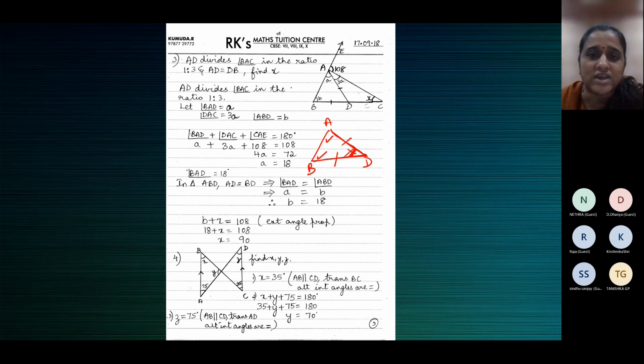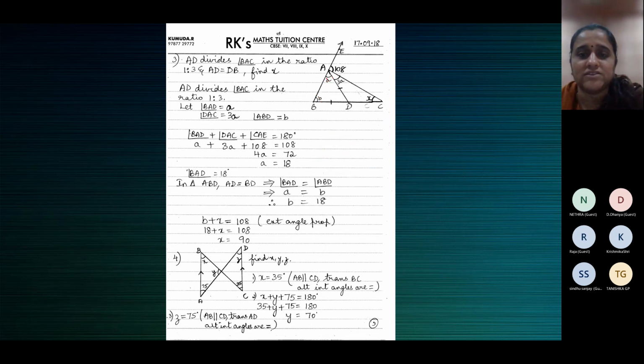In an isosceles triangle, two sides are equal and two angles are also equal. These are the two equal angles. So this angle is equal to this angle. Whatever is the measure of A is the measure of B. A is equal to B.